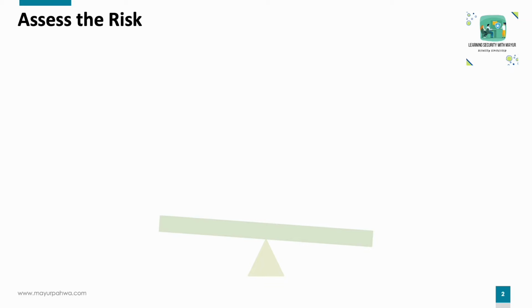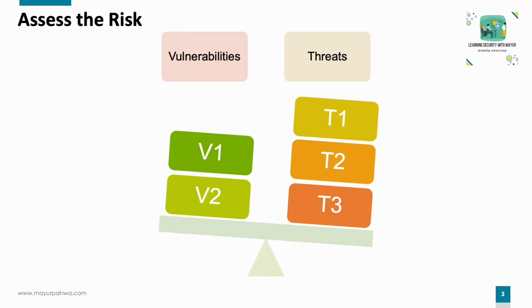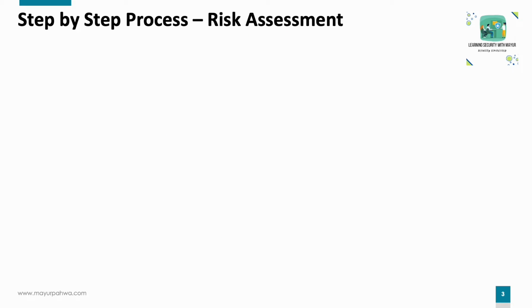Risk assessment is one of the tools for risk management. It involves identifying vulnerabilities and threats, and quantifying the probability to achieve a risk value and a heat map. So just identify the vulnerabilities and threats as a first step. Step by step process for a risk assessment.